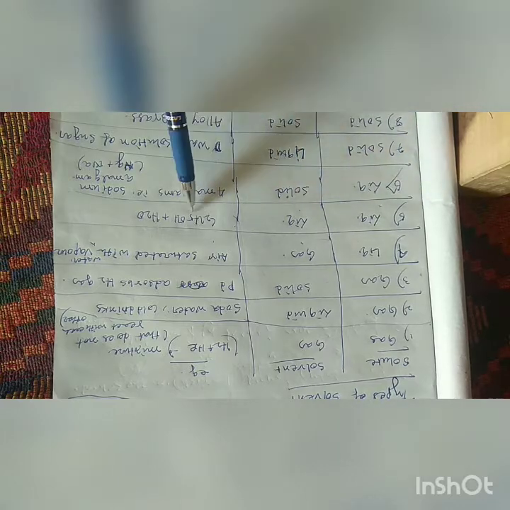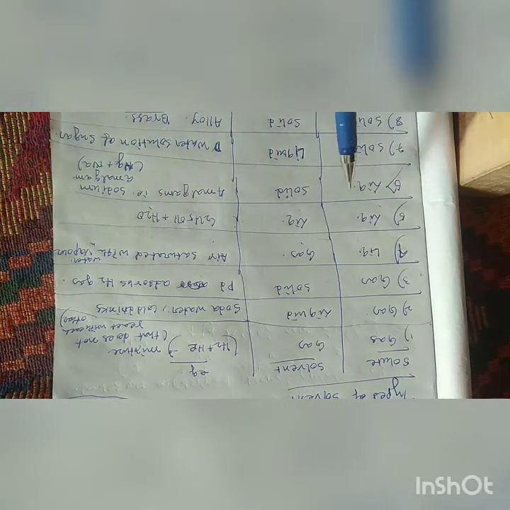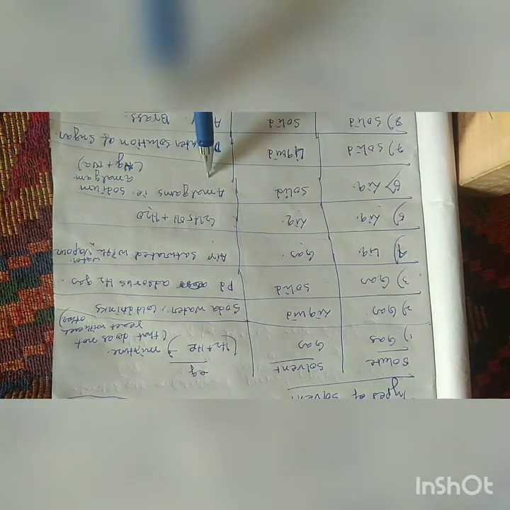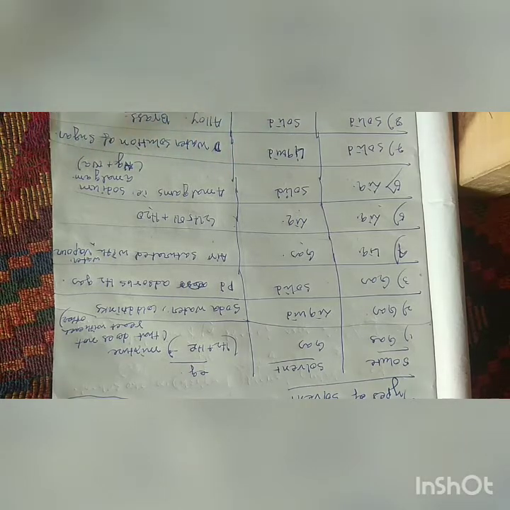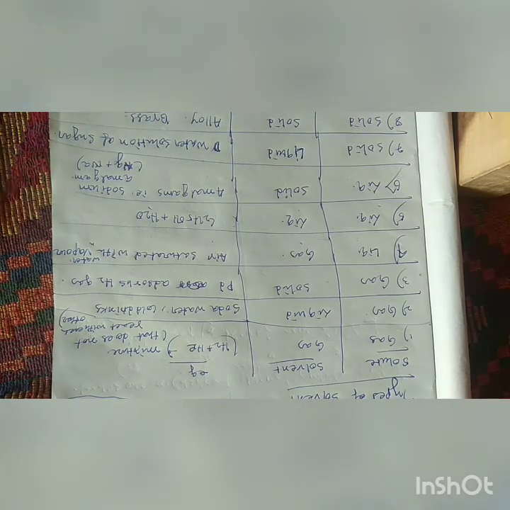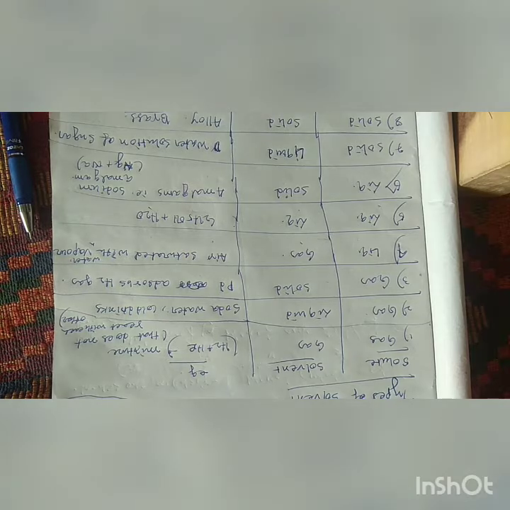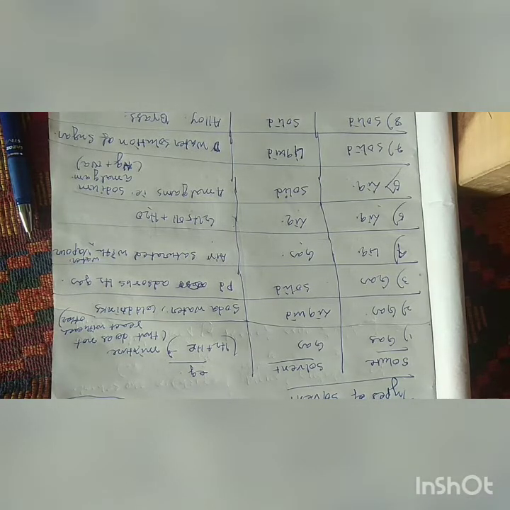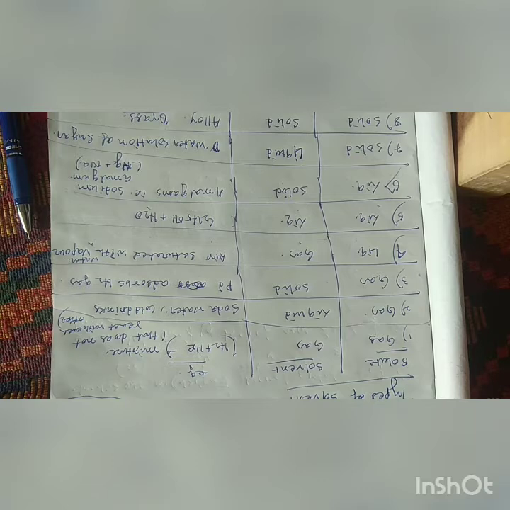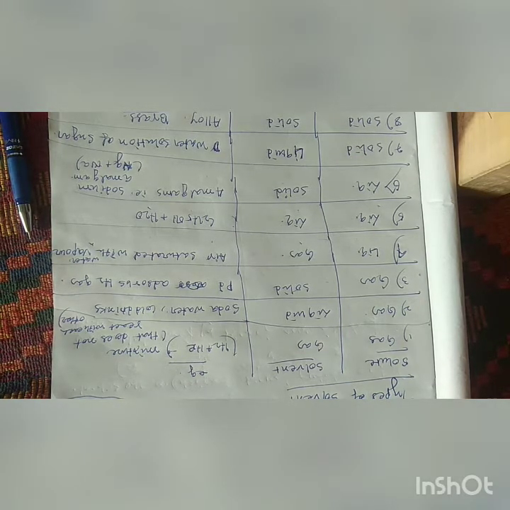Liquid in liquid, C2H5OH plus H2O. Liquid in solid: amalgam, that is sodium amalgam. Amalgam is actually an alloy of mercury and any metal. So mercury is dissolved in a metal. So the solvent is a solid metal, and liquid mercury is the solute.